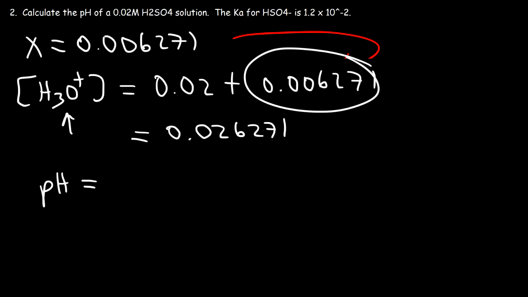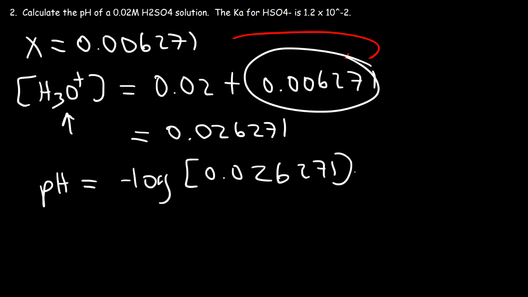So the pH, which is going to be negative log of this number, is 1.58. So that's the pH of the solution.